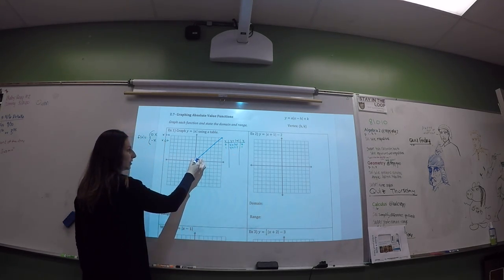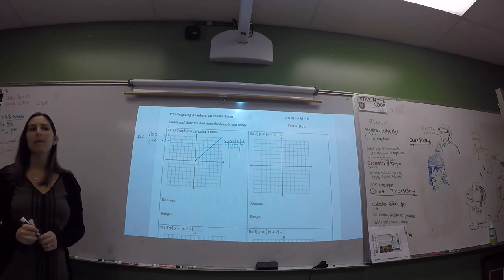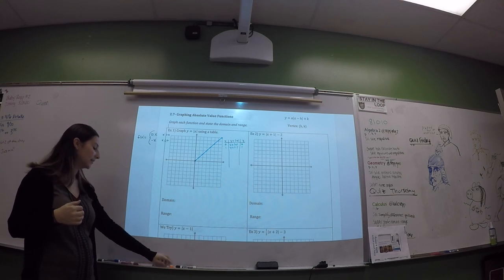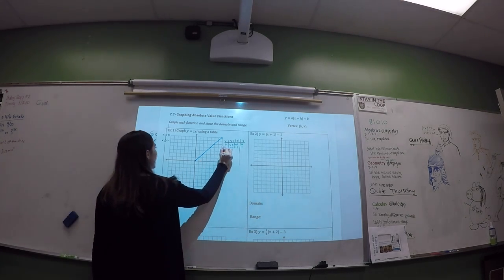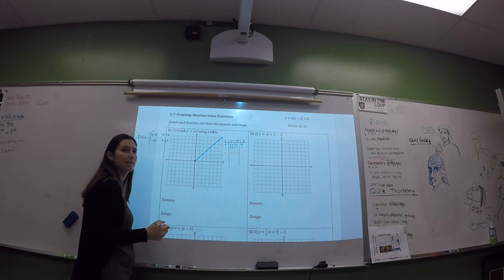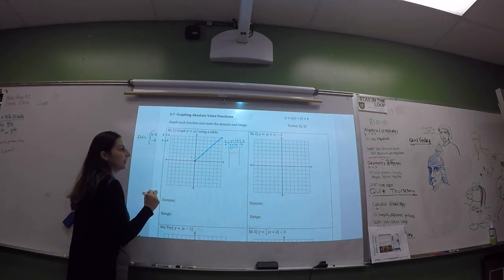So you have a point at 1, 1, 2, 2, 3, 3, etc. Now the other part of this is the negative side. If you plug in -1, what do you get? You get 1. So you plug in -1, you get +1.